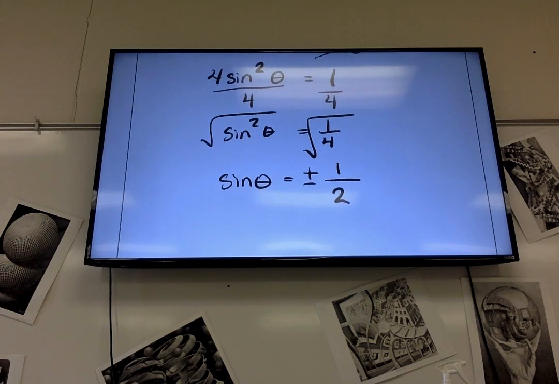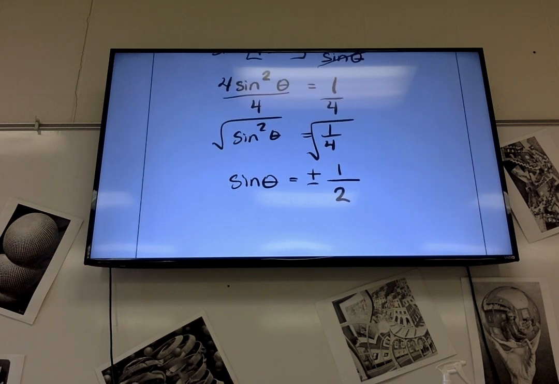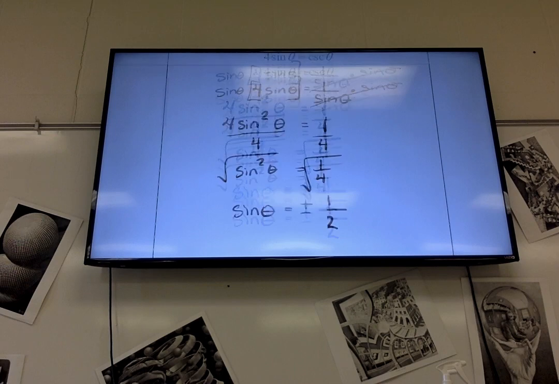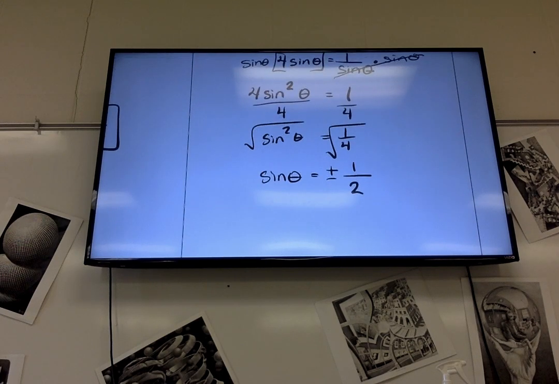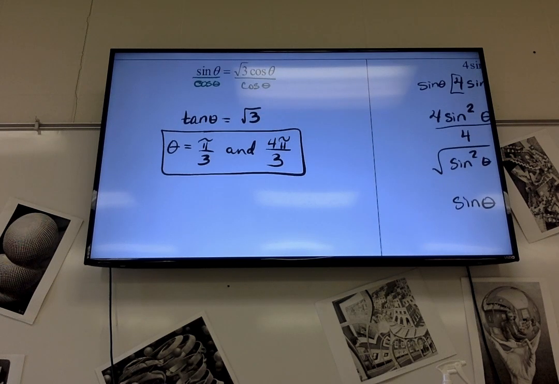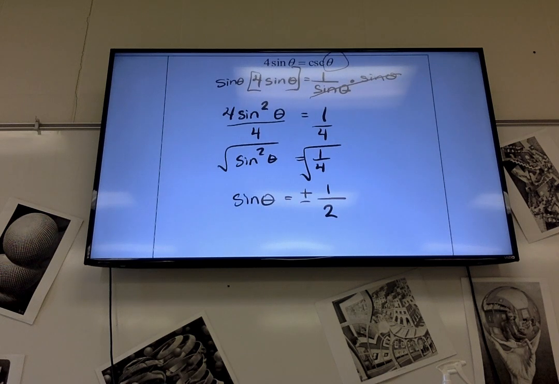So when you use identities and when you don't: since I'm trying to find an actual answer here, I'm just going to keep going until I can figure out what angle theta is. Same thing over here, I was trying to find theta. If I was trying to prove an identity, then I would definitely have to use identities and leave it. Okay, so we look down the sine column and find positive and negative 1/2.